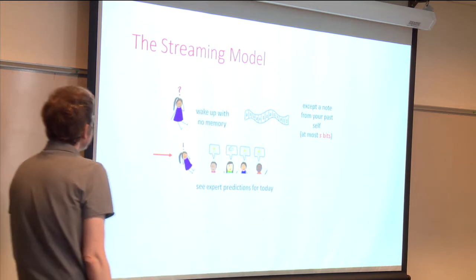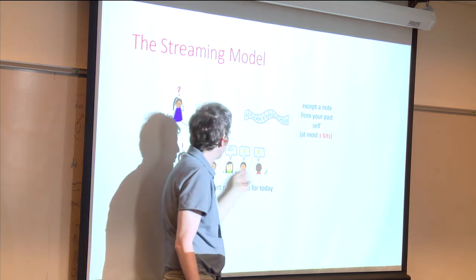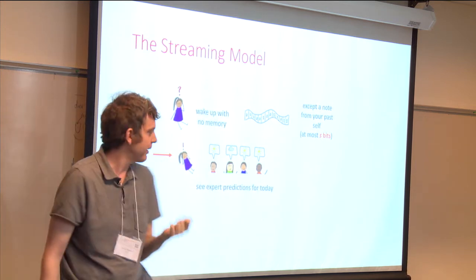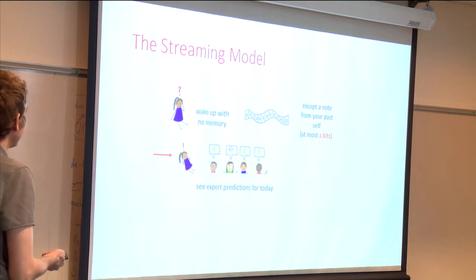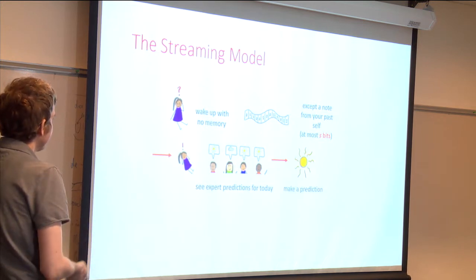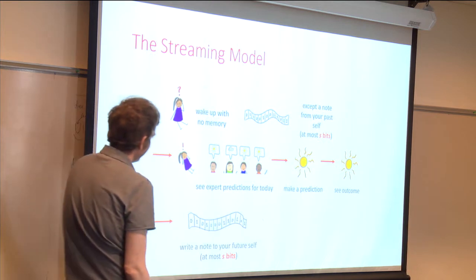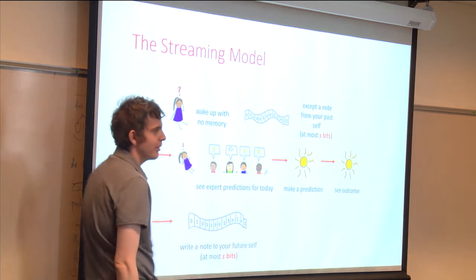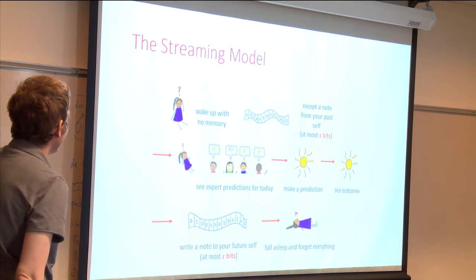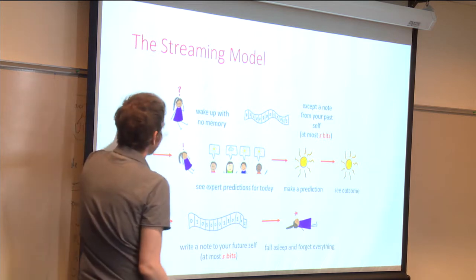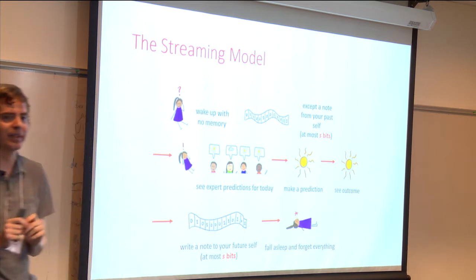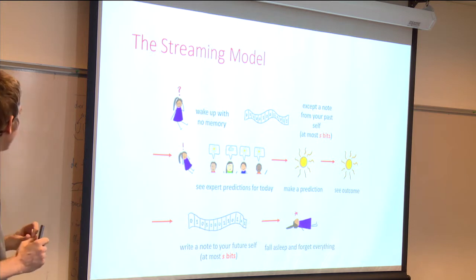Then you stream through the n expert predictions on that day, and you make your own prediction. You then see the outcome. You then update this note to your future self, and you fall asleep, and you wake up on the next day. That's how this process works.